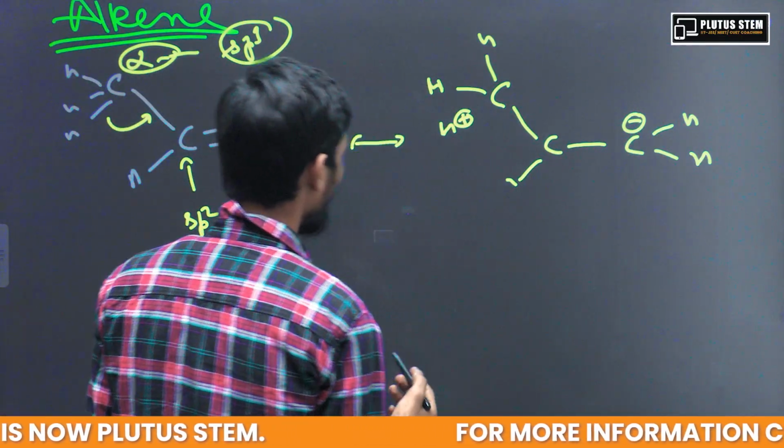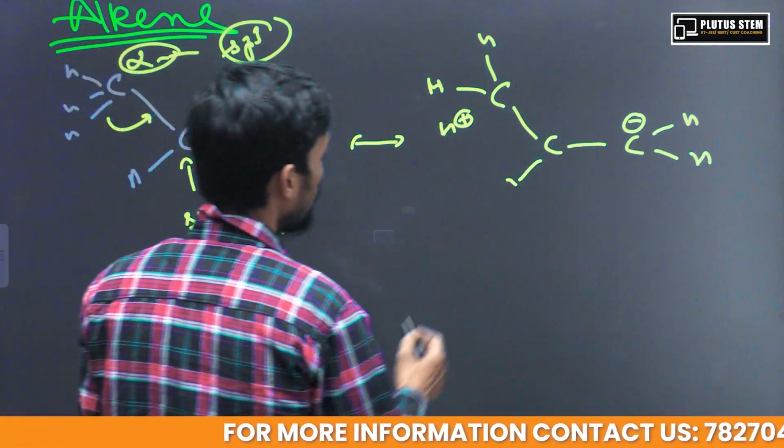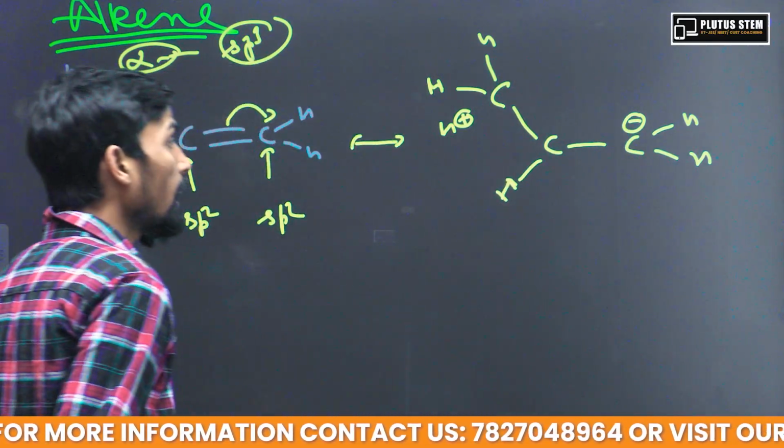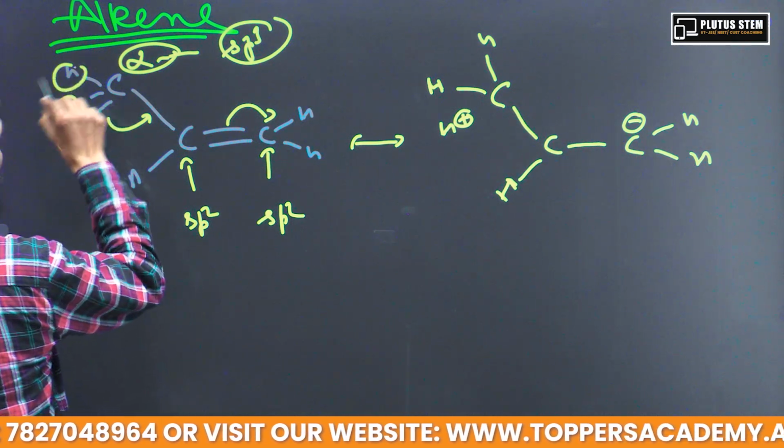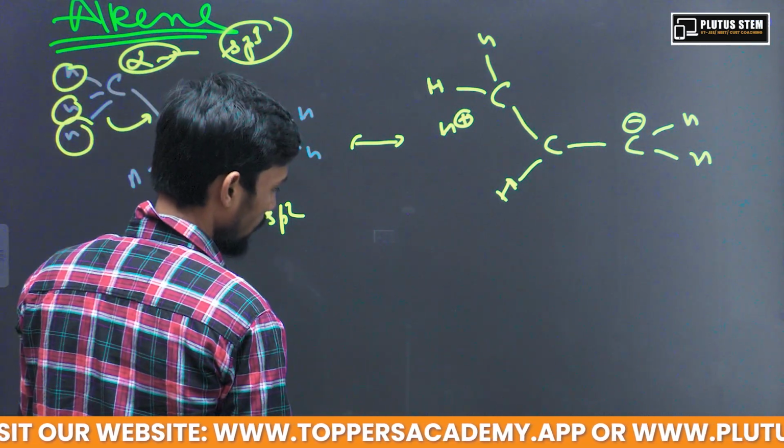The same phenomena can be repeated with this different alpha hydrogen. So there are 3 alpha hydrogen over here, so 3 different phenomena we can see.